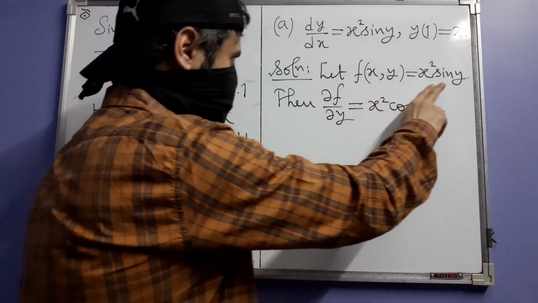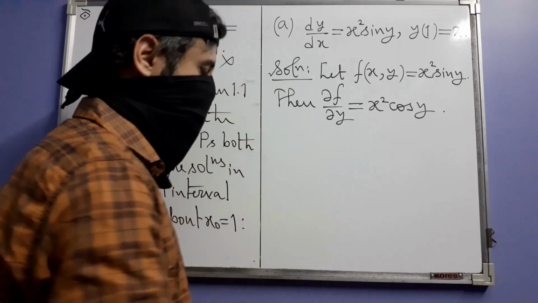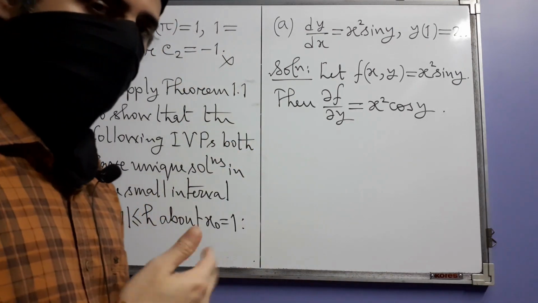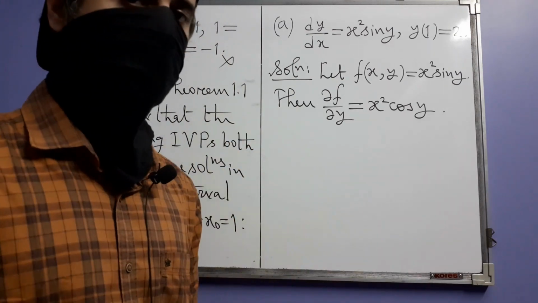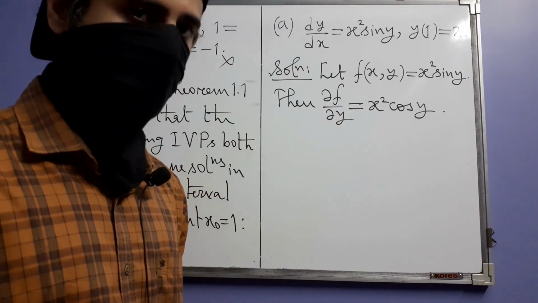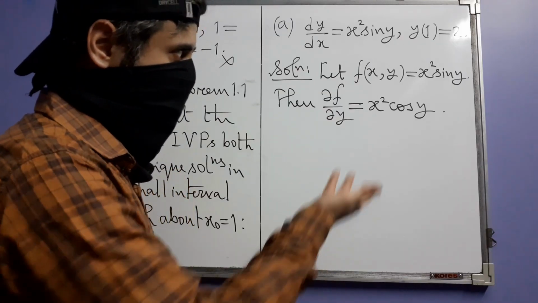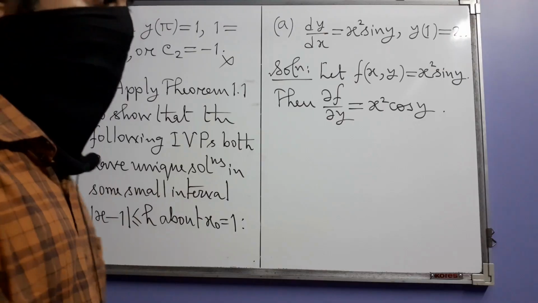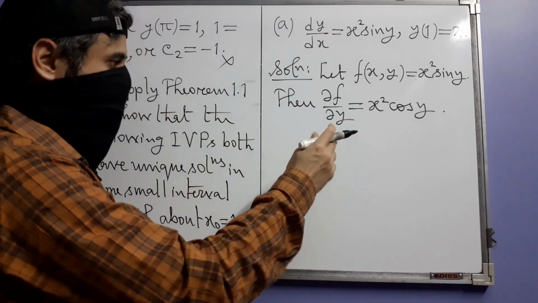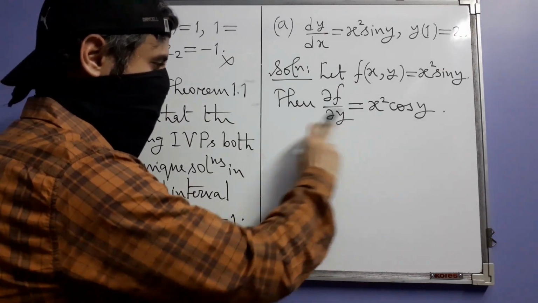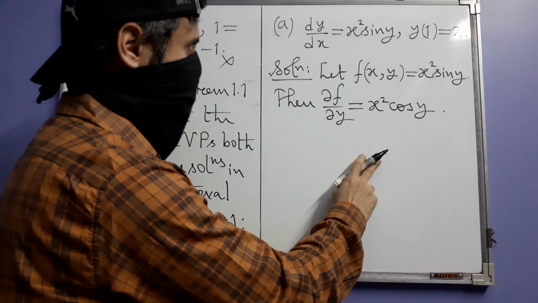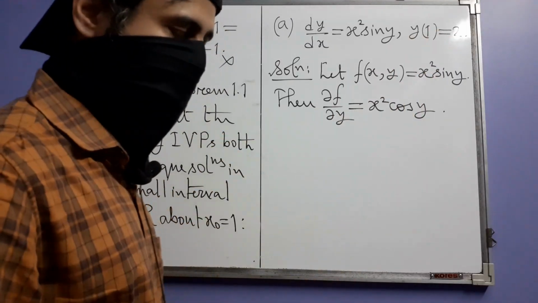Because of what the functions are, both these functions actually exist and are continuous throughout the two-dimensional plane, our R2. So there we can just choose any domain which contains that point. Conveniently, we can choose a disk, a circular domain with that as the center.